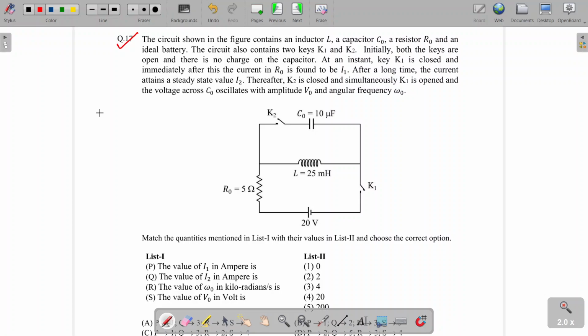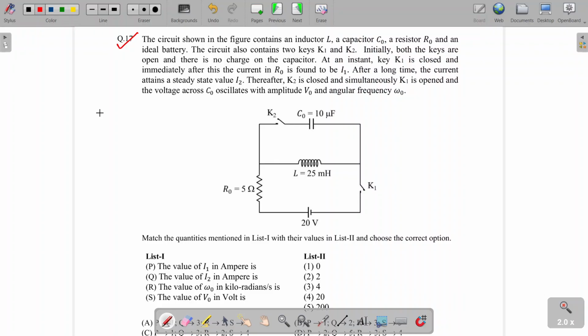What is the current I1 in the circuit when time has not changed? That is, at the instant we have closed the key K1, what is the current in the inductor, 25 millihenry?